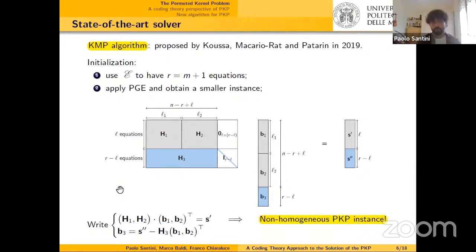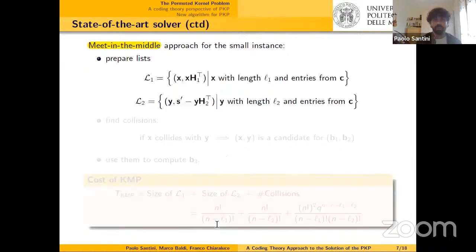So basically, the procedure of KMP consists in first solving the small instance and then using the found solutions to compute the last equation. To solve the small instance, the KMP algorithm uses a standard technique, that is a meet-in-the-middle approach.